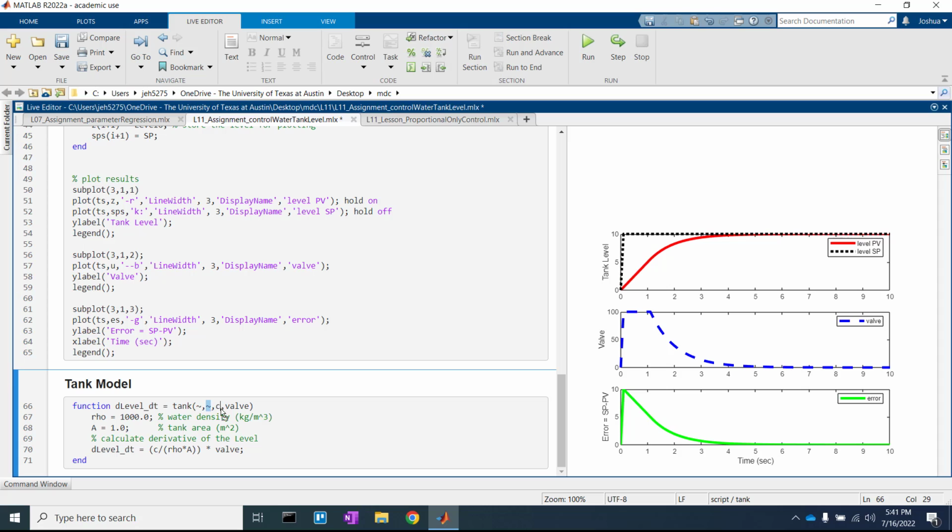It only depends on the quantity coming in, which depends on the valve setting. So there you go. I'll state that one more time to make sure I'm clear. The derivative of height of the tank does not depend on height or on time, and so that's why we have these 2 tildes, to explicitly say we need this spot saved for the way ODE 45 works, but we do not need those arguments.